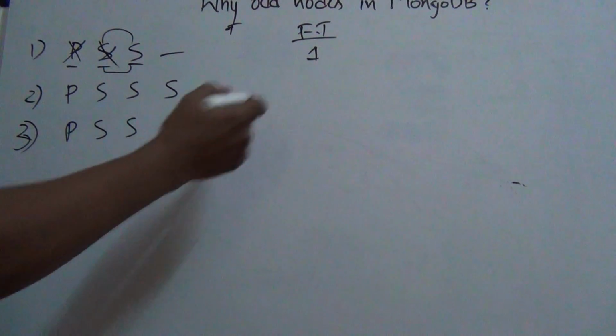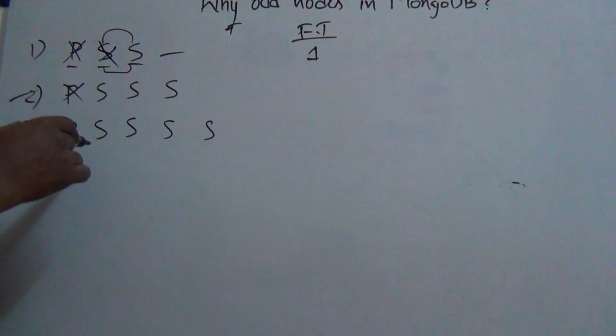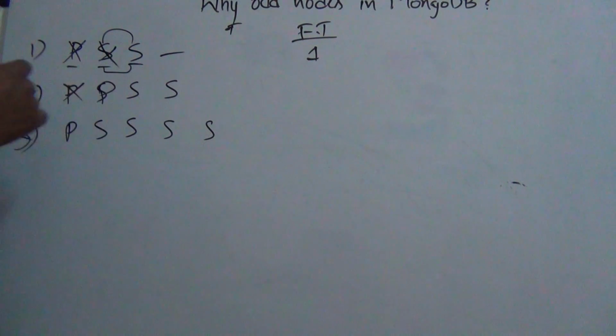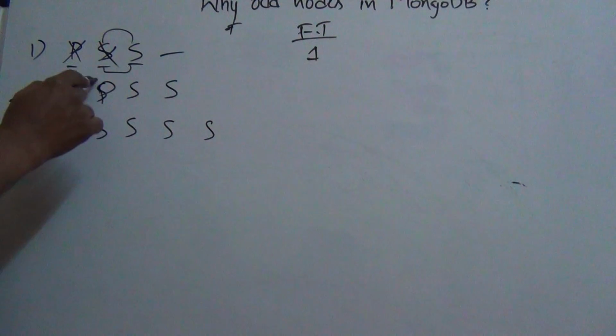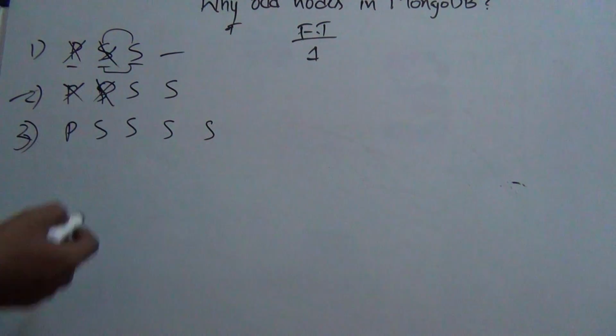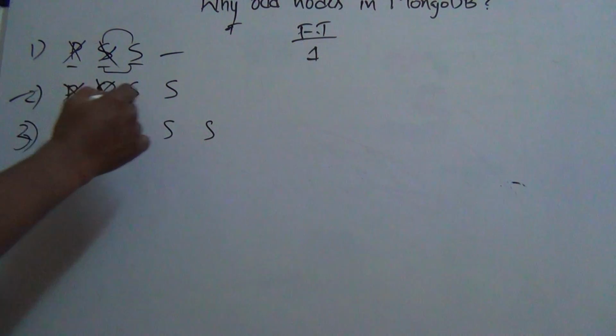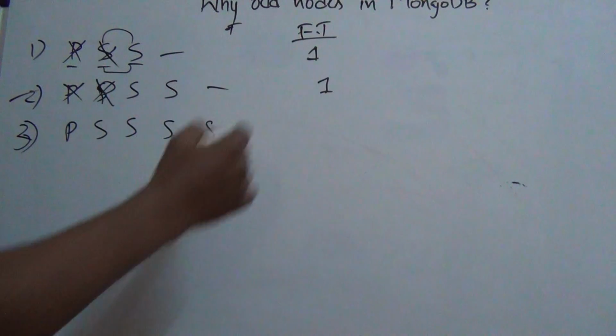Now we'll go with a 4 node replica set. This one can be down, and you will see this as a primary, but this cannot be down because 3 by 4 is not greater than 0.5, so the fault tolerance is still only 1.